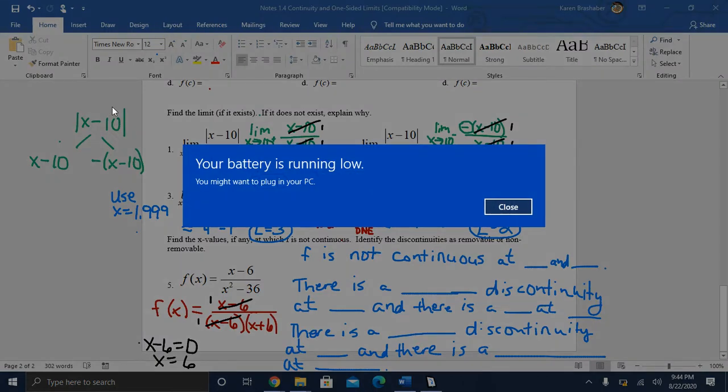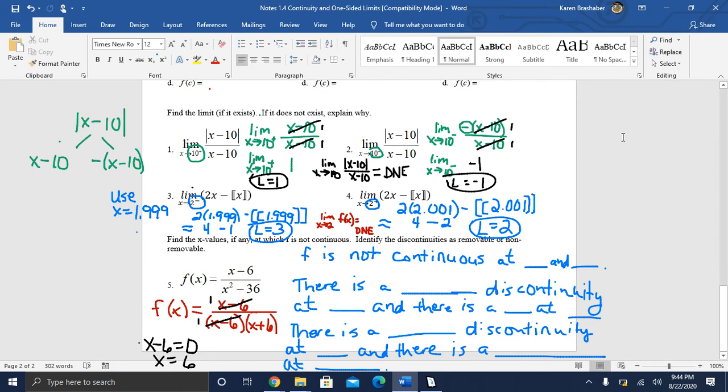And then my other factor is x plus 6. If I set that equal to 0, I get x equals negative 6. That was what I was not able to remove. So f is not continuous at x equals 6 and x equals negative 6.